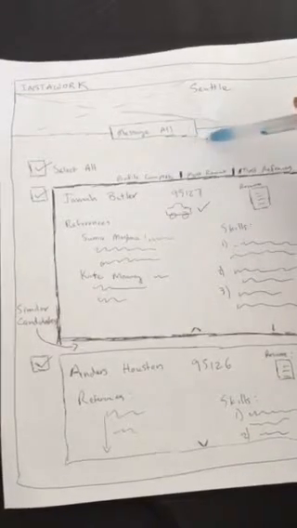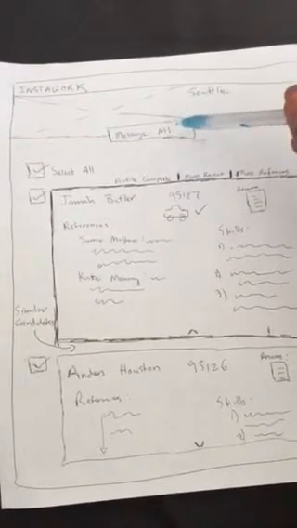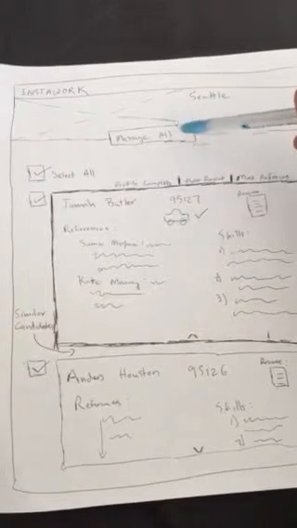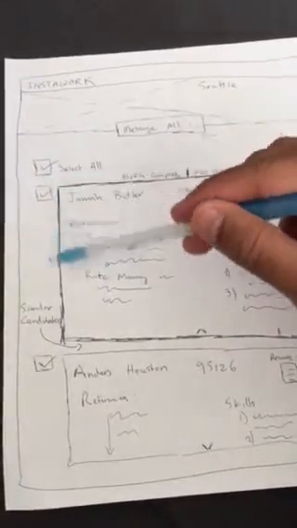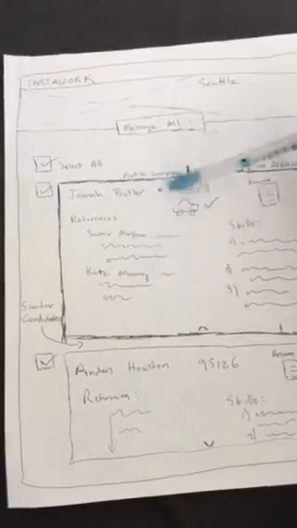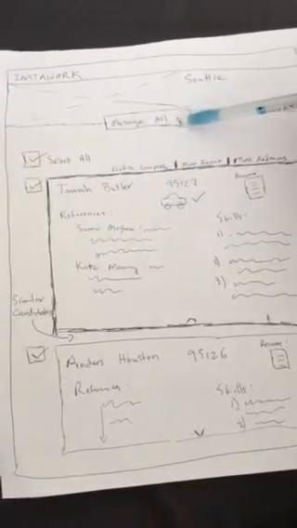This is the click-through that we want, because what we want to tell the business owner is, in one click-through on this button, they can message all potential dishwashers that applied for this job, Jamal, Anders, and so on and so forth. And yeah, this is the button we want them to click.